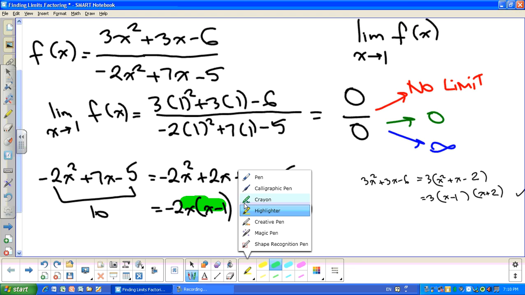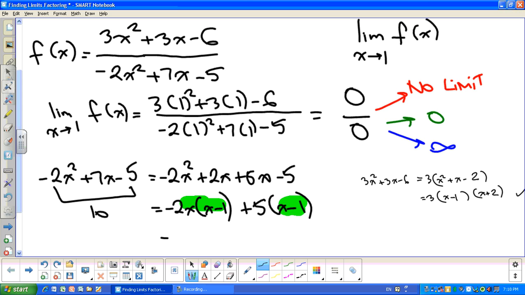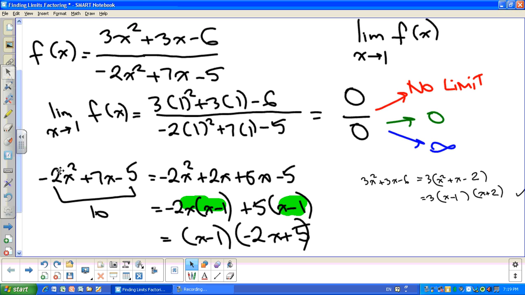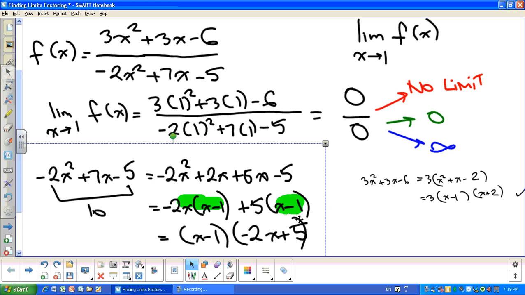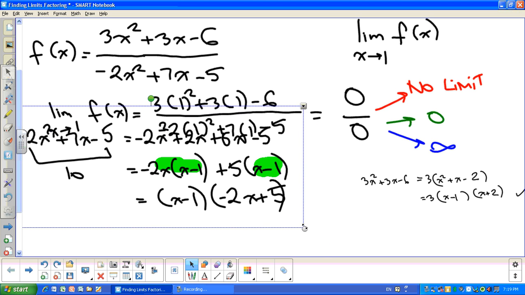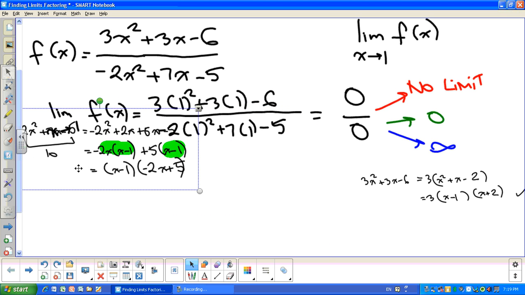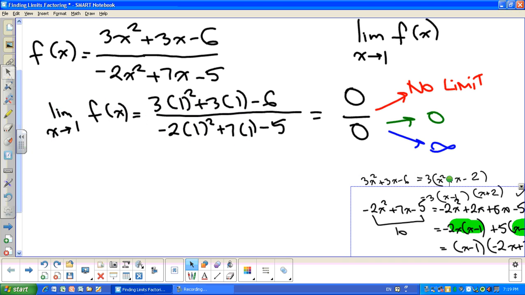So let's factor it. It's going to be x minus 1 and then in the bracket negative 2x plus 5. Good. Now that means we are not going to need this. This is a detail, not part of my big picture. It was just a little thing that I needed to do at the side. I am going to get rid of it.